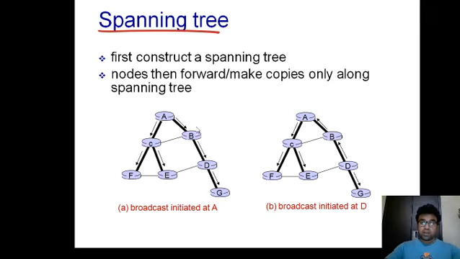This is a spanning tree for this particular network, and we have seen that if A has to broadcast that information, it is broadcasted in a very good way without redundancy.